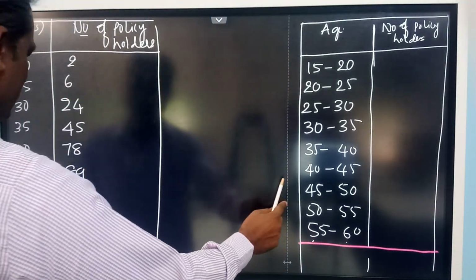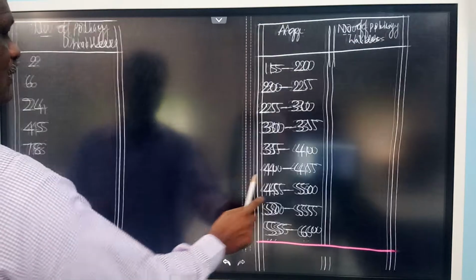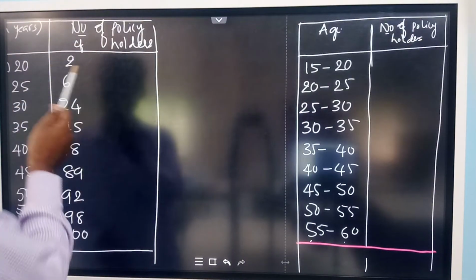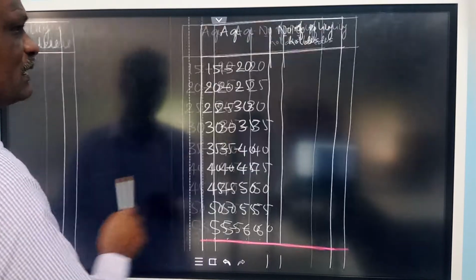So now you have the cumulative frequency. Less than 20, less than 25, that is the cumulative frequency we are having.